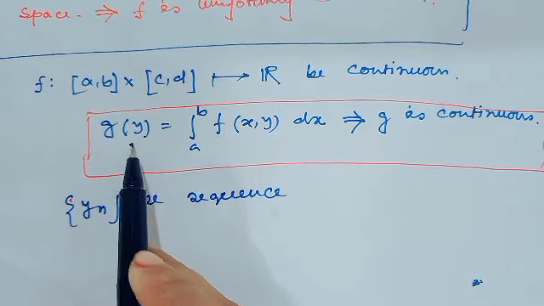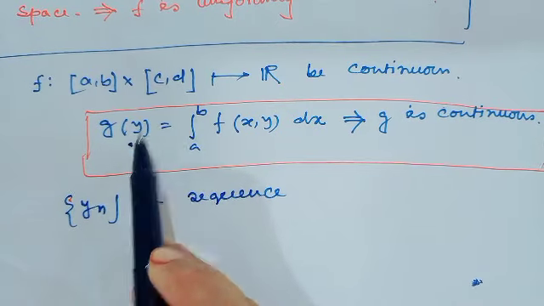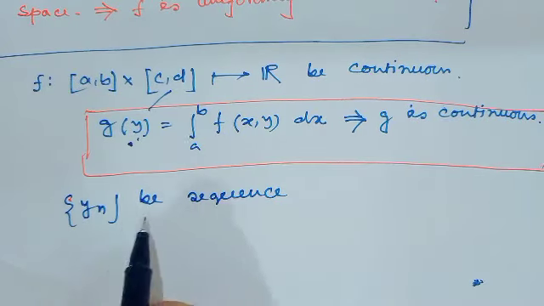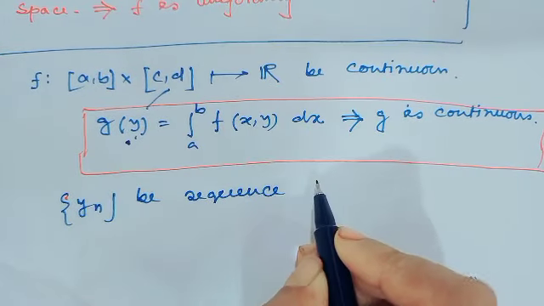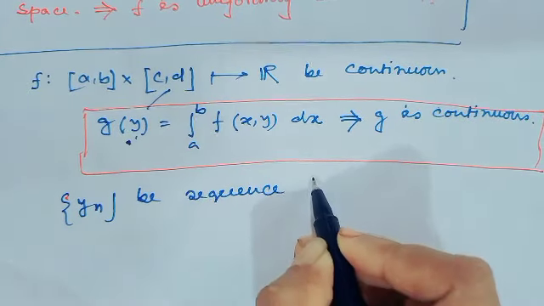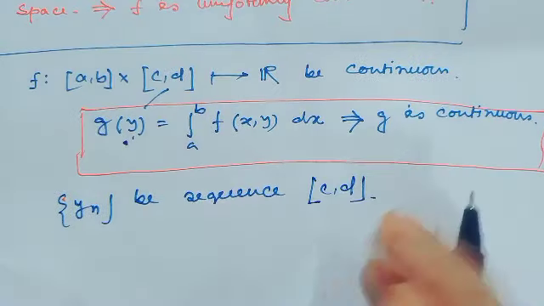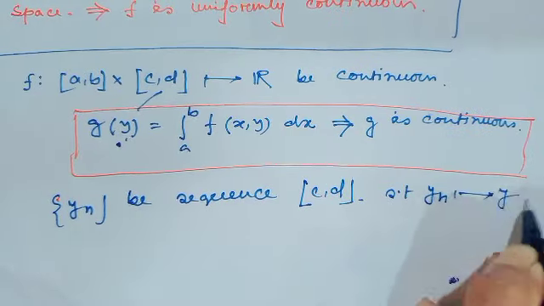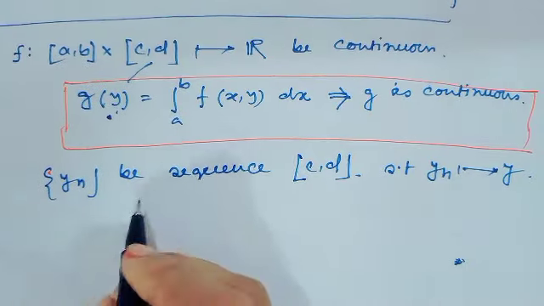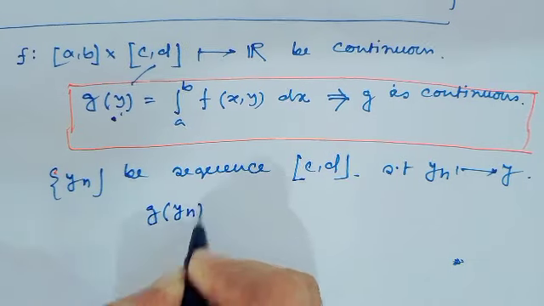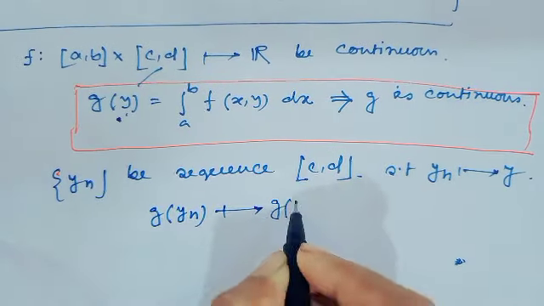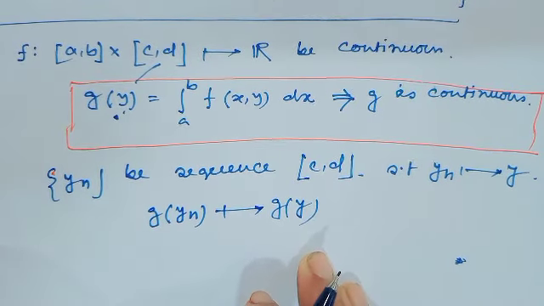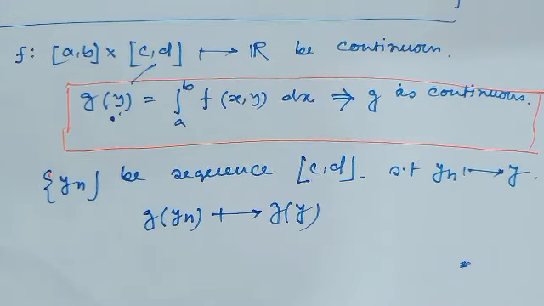Since here g of y, that means y belongs to the closed interval [c,d], therefore the sequence y_n belongs to the closed interval [c,d] such that y_n converges to y. Now we want to show g of y_n converges to g of y. Then we can tell by the sequential criterion g is continuous.